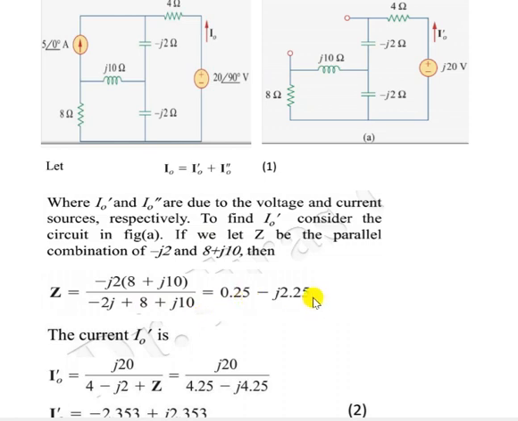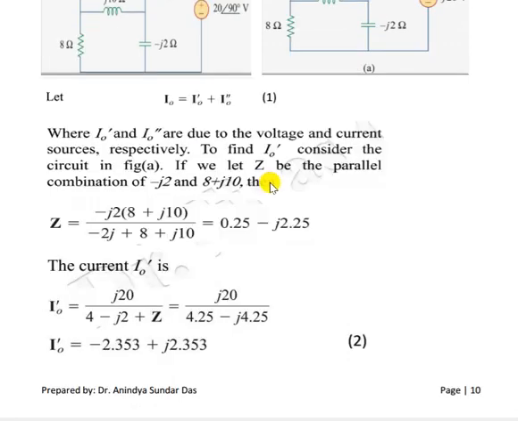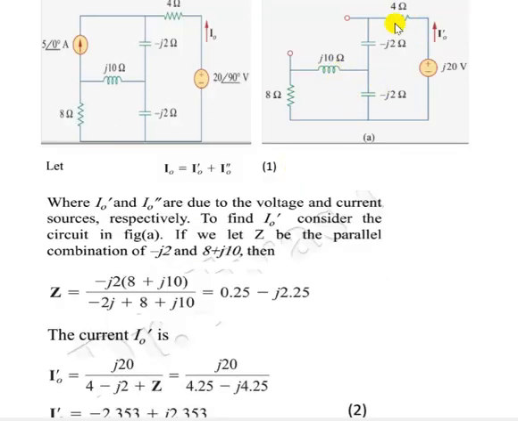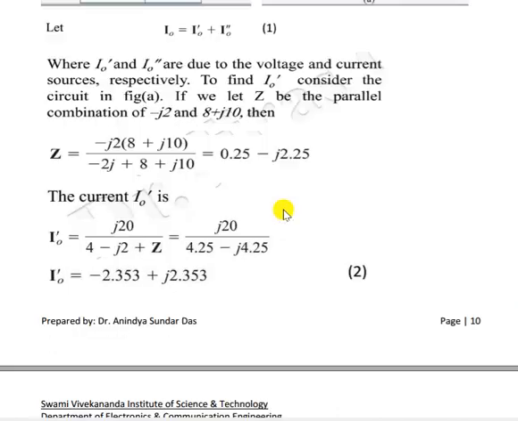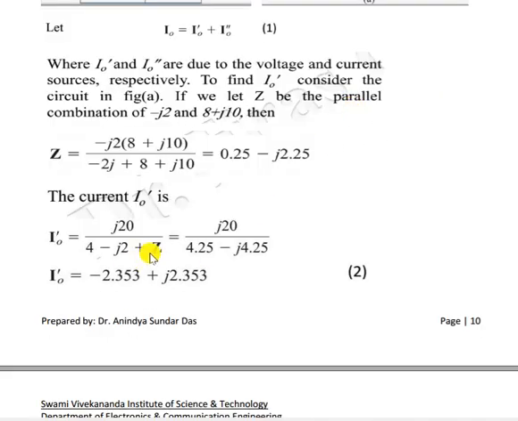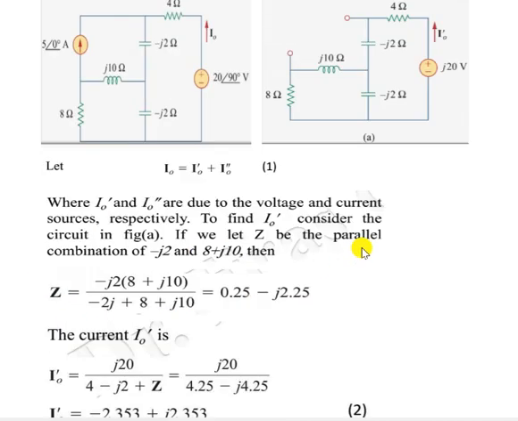So you got the equivalent Z here. Now these three, 4 and minus J2, this term is in series. So I0 prime will be what? Z into 20 divided by 4 minus J2 plus Z. Z value is this one. Okay. Then we get the I0 prime value. Okay.